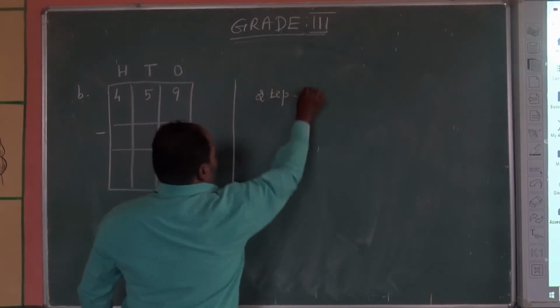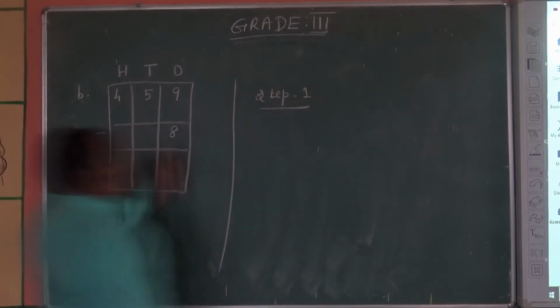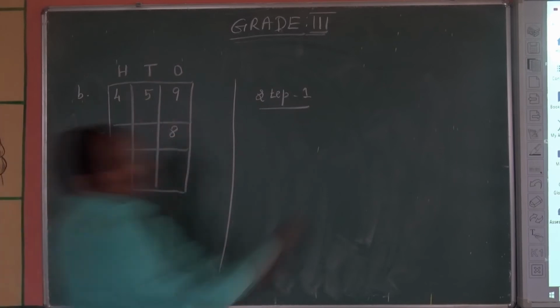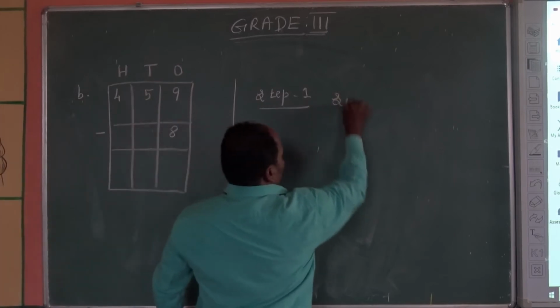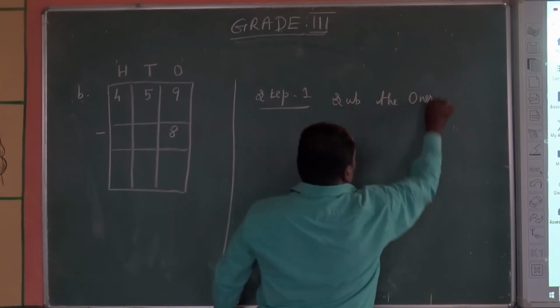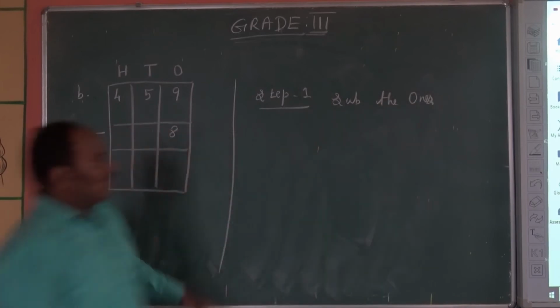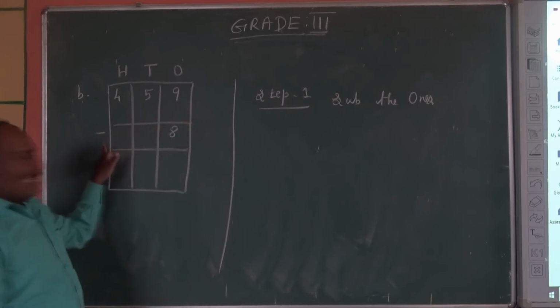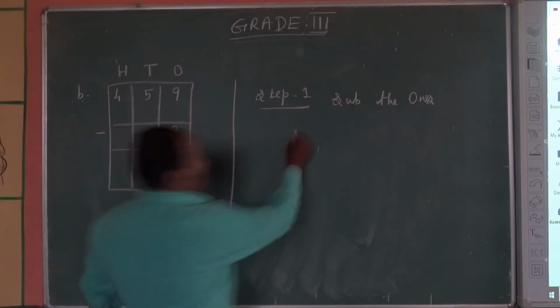Step 1, we subtract the ones place first. Subtract the ones here. 9 minus 8.